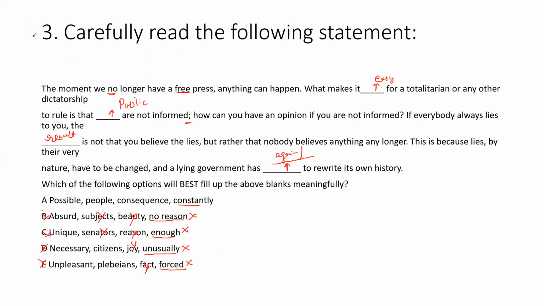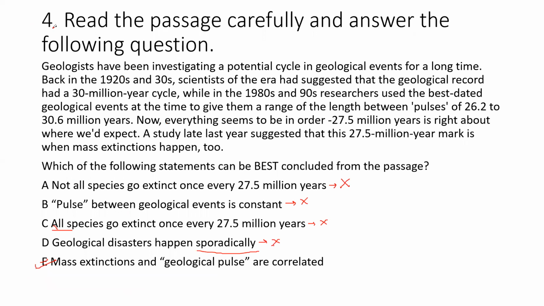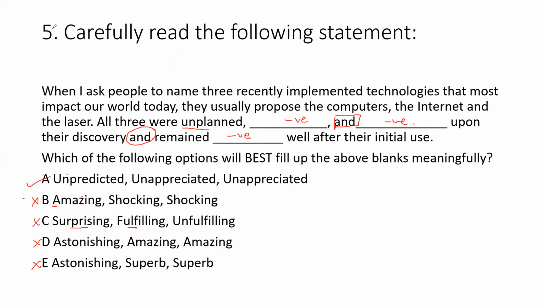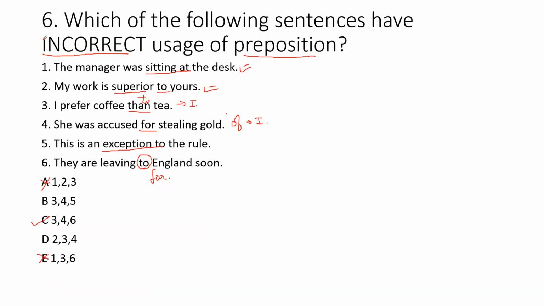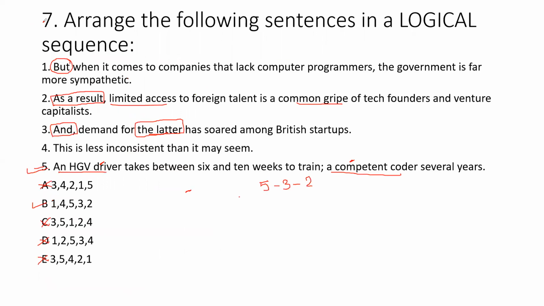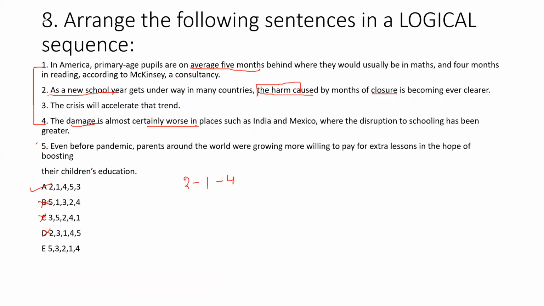Question number 3 is again an easy question. 4th might go difficult for some people, but it's not that difficult. Question number 5 is an easy question. 6th must attempt. 7th could have been tricky because 5, 3, 2 people can make, but after that, arranging the remaining 2 becomes a challenge sometimes.